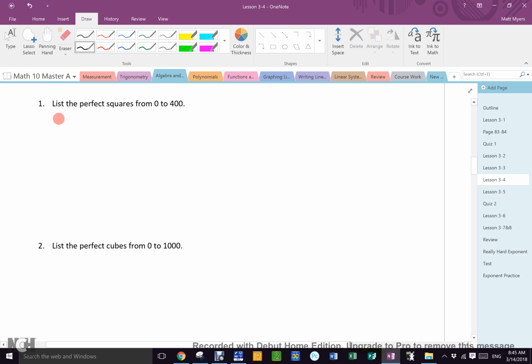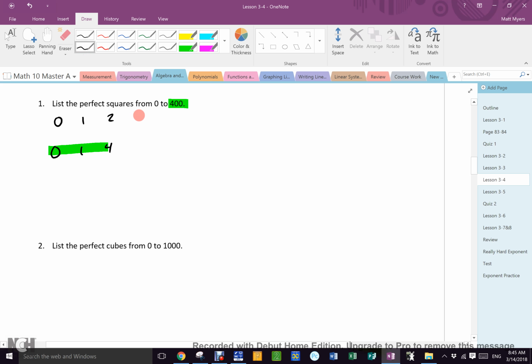Start with the number 0 and then write its square below. What's 0 squared? 0. What is 1 squared? 1. 2, 4. Right? And keep going until this number equals 400.